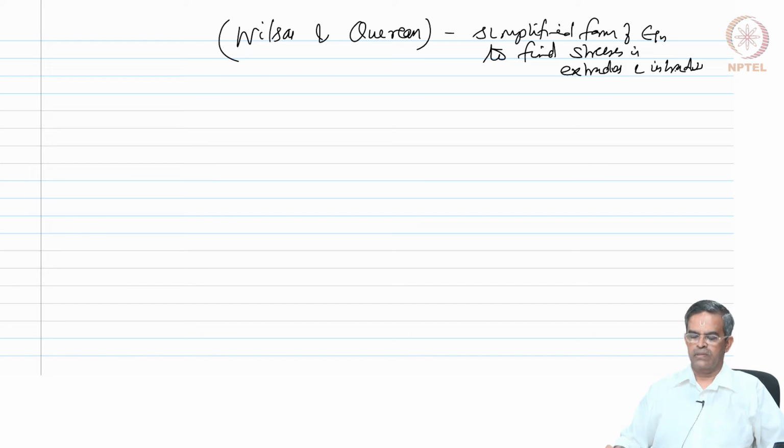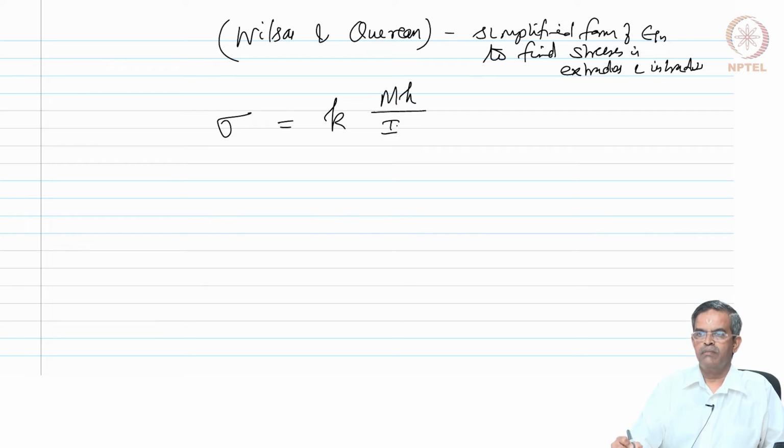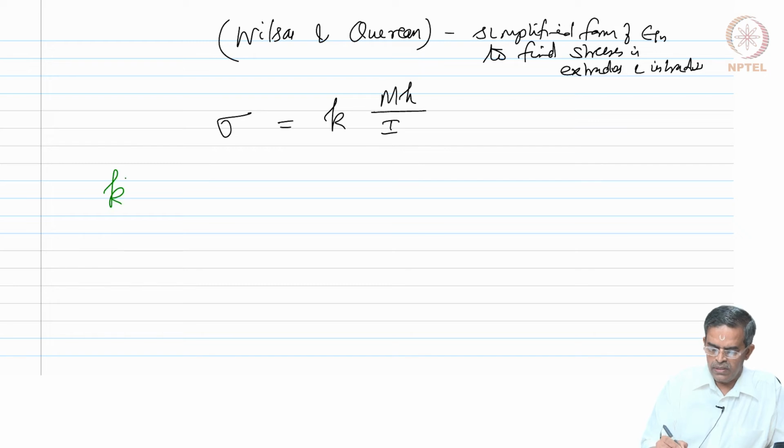Of different cross sections, the equation is given by sigma is equal to k times the applied moment M, h by I. So, they say the stress, you have to use Ki.